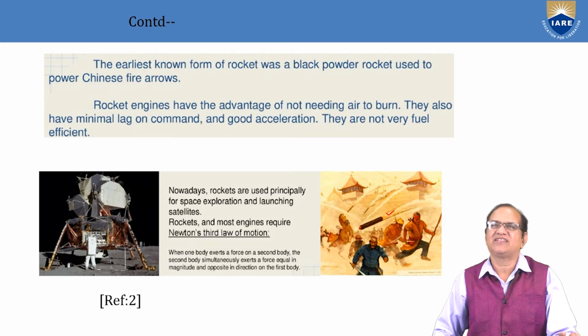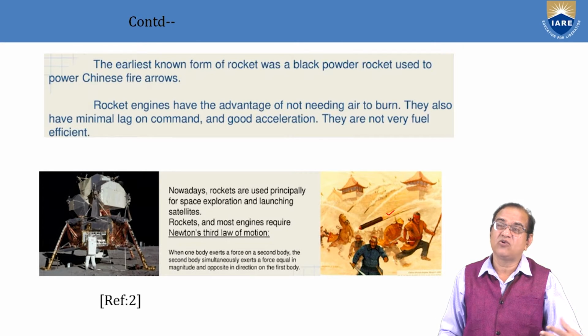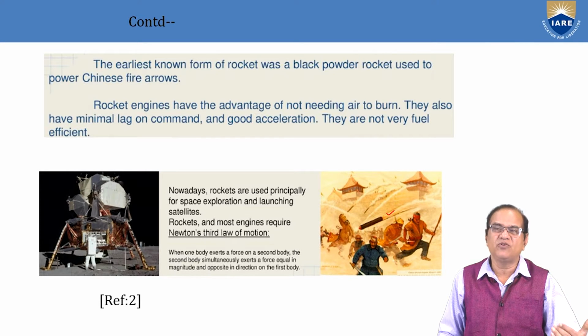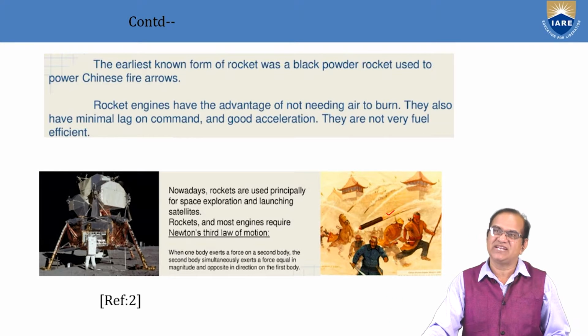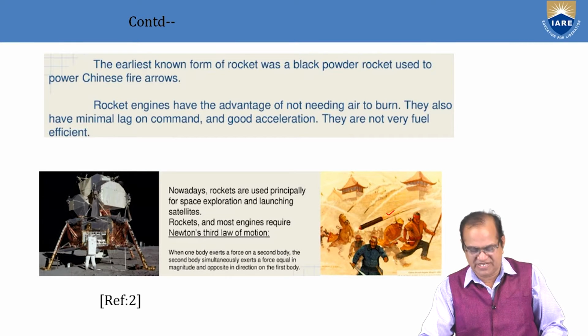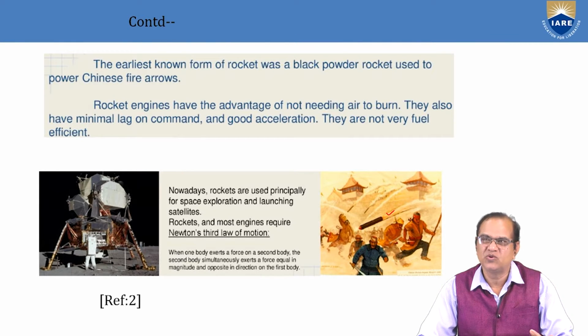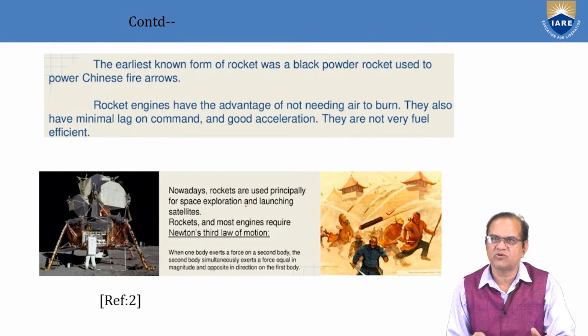These rockets can go above the atmosphere where air is not there, because we don't need the air. Oxygen is contained inside itself, and it is giving a very good acceleration, but it is not fuel efficient, meaning more fuel is required. Nowadays, rockets are used principally for space exploration and launching satellites.